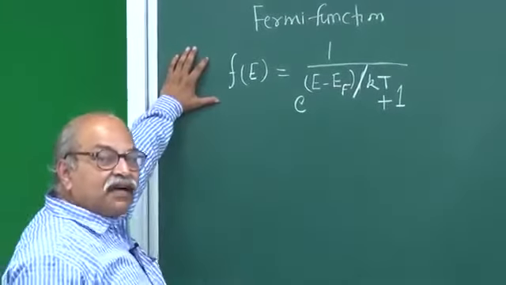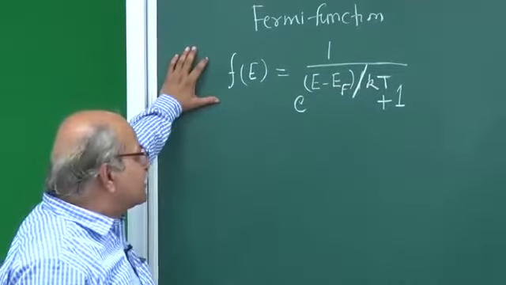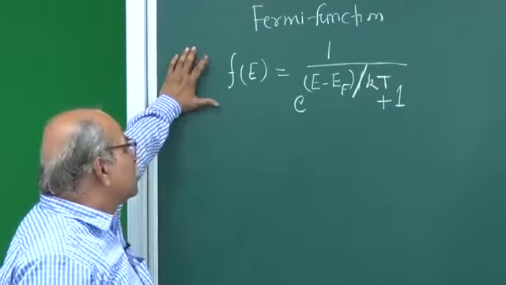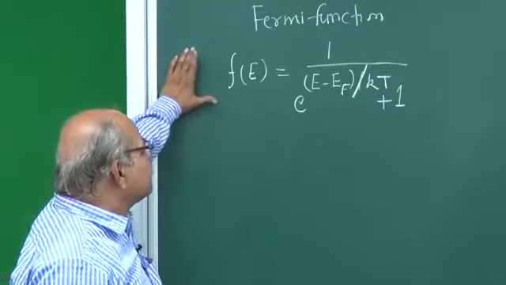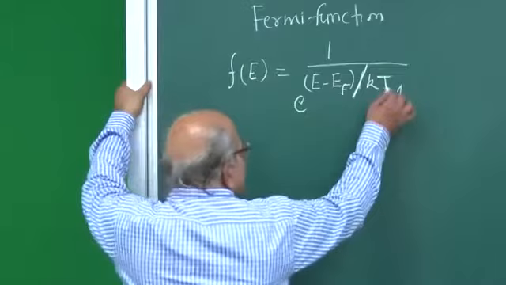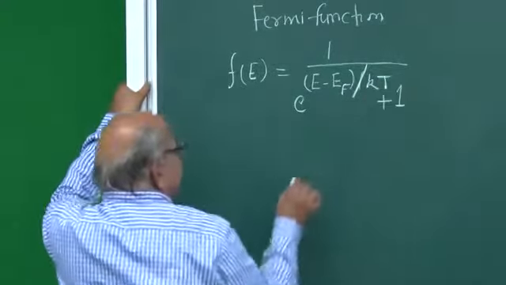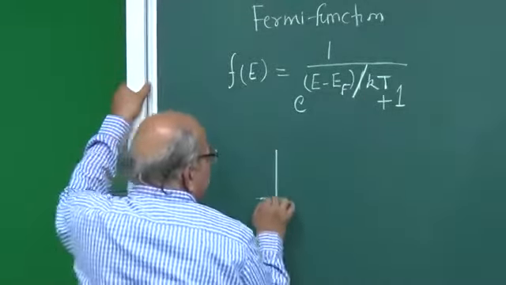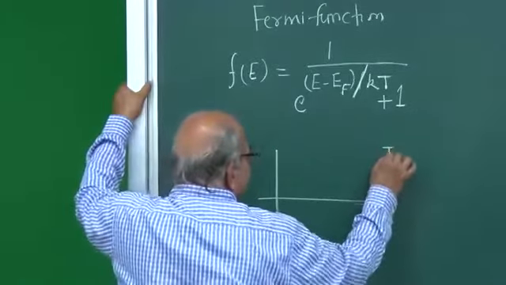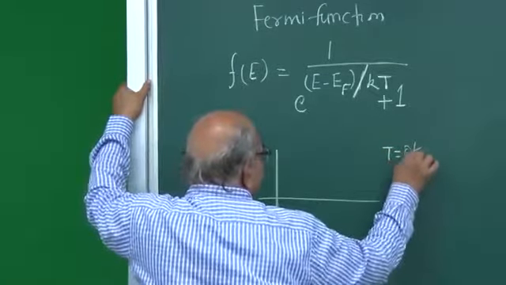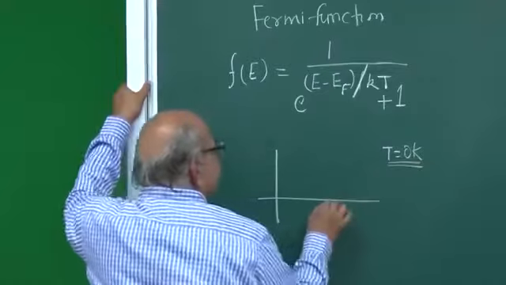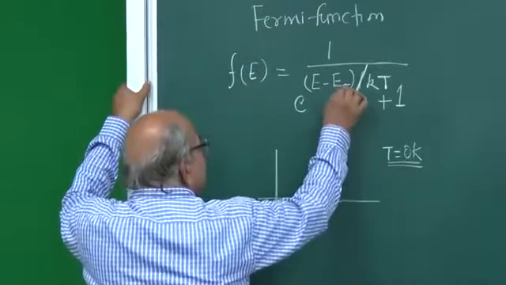So this is known as the Fermi function. It's a very interesting function mathematically also. If you try to plot this, the temperature is a fixed parameter here. So let's look at T equal to 0. EF is another constant appearing here.